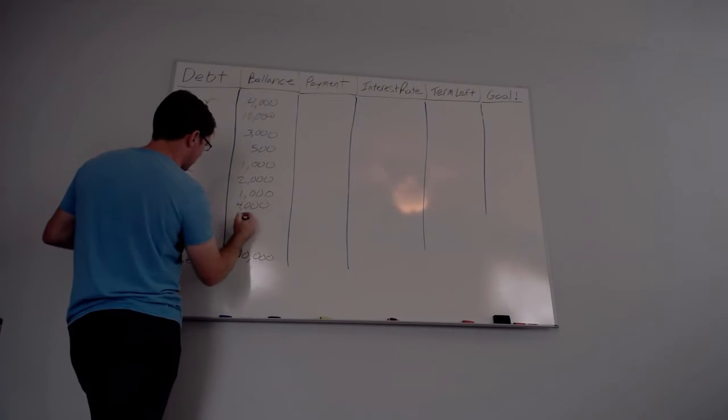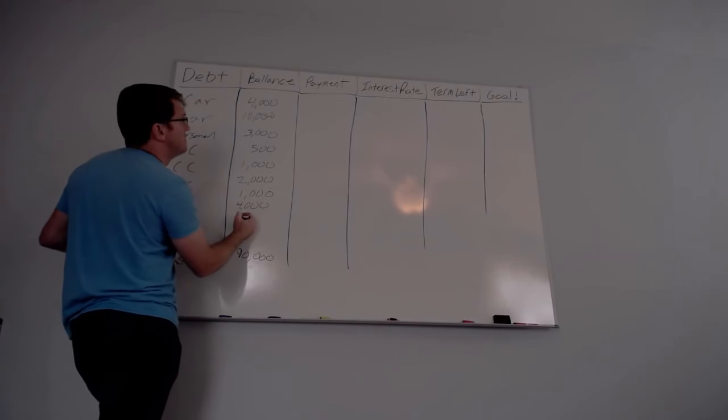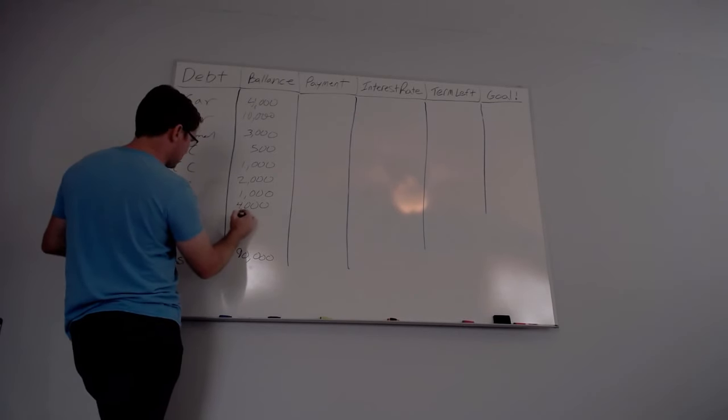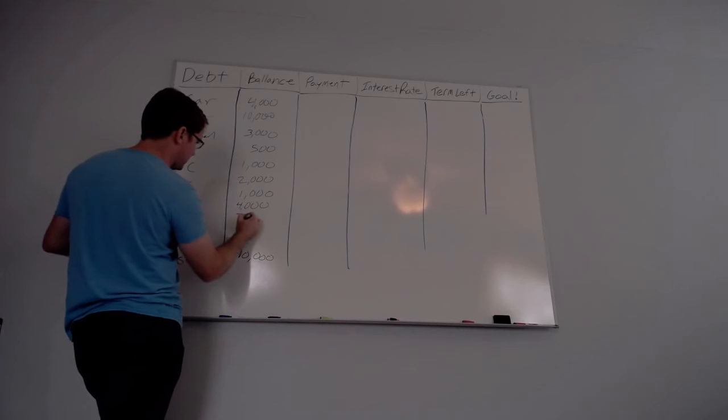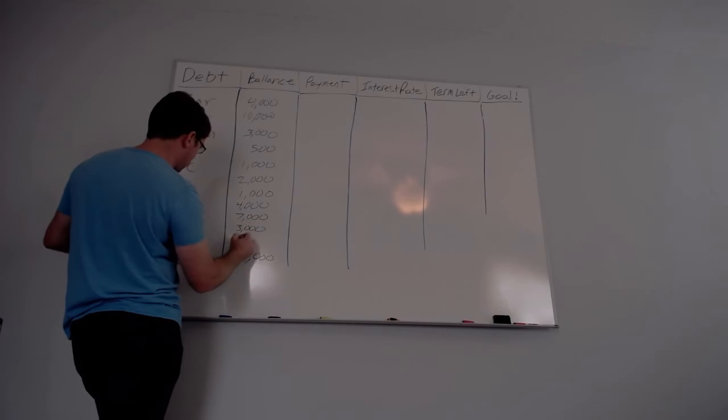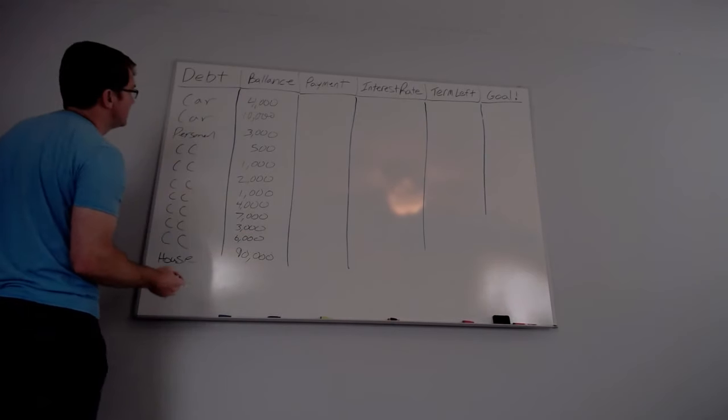I'm just trying to remember them all. I think I had one that really was an installment loan. It wasn't a credit card, but it was like $7,000. I had a trailer, that was another maybe $3,000. And I had a piece of equipment. Let's just say maybe I had like $6,000 on that. I don't know. It just adds up.